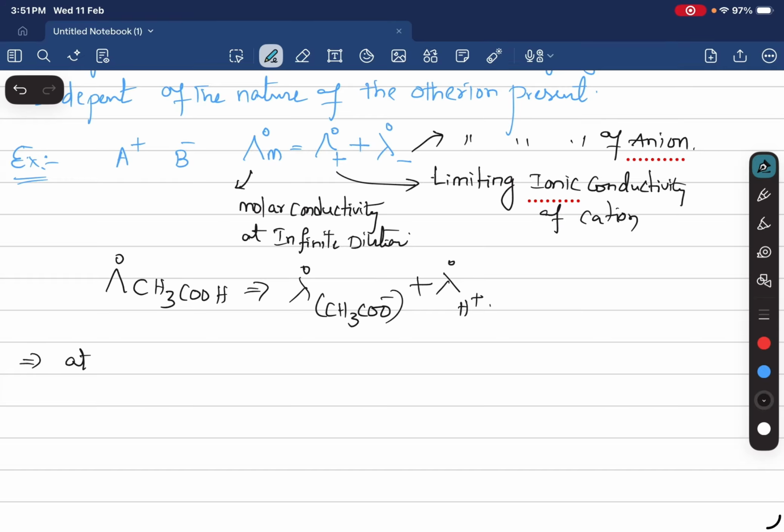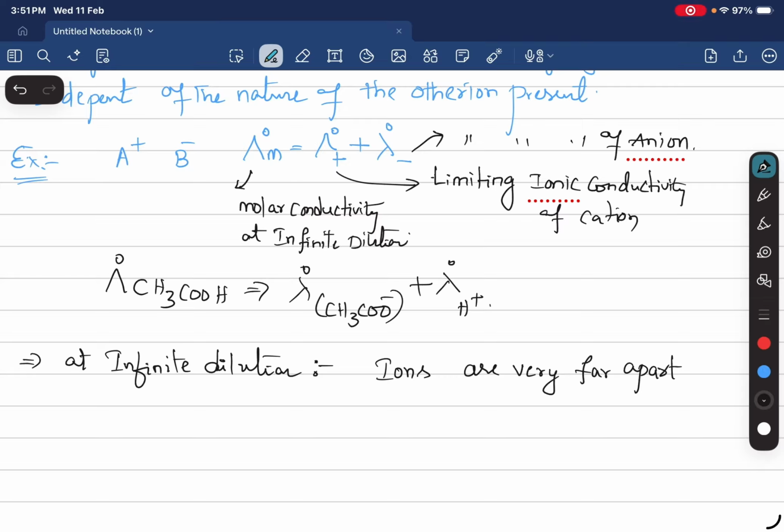Exactly why does the weak electrolyte conductance sharply increase on dilution? That's what we are discussing here. At infinite dilution, infinite means if you add too much water or solvent, the ions are very far apart.